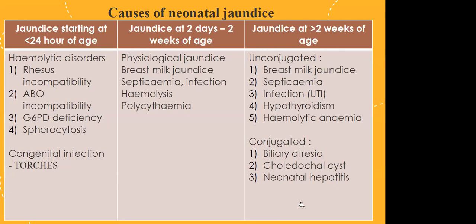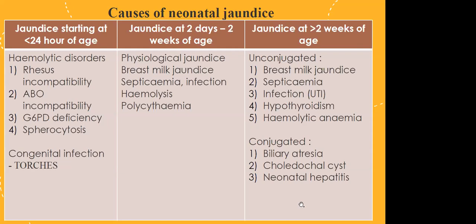The physiological jaundice, as I said just now, is benign, but it can be exacerbated by certain conditions, like if the baby has inadequate intake, cephalohematoma, and also bruises. If it is increased, it can lead to bilirubin encephalopathy.